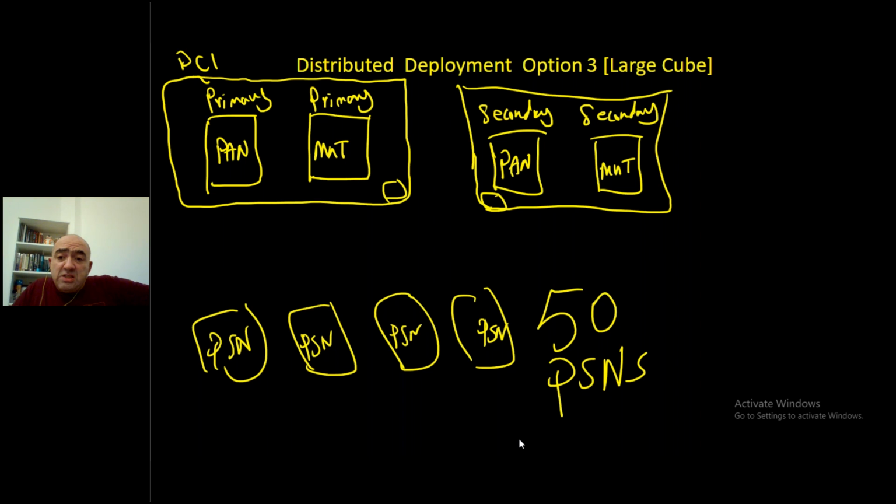So 5 PSNs is a good number. I don't think you will need it. You can go for 20, 25, 30 maybe. I don't think you will reach this number. But anyway, this is the option to have more PSNs, up to 50 PSN nodes.